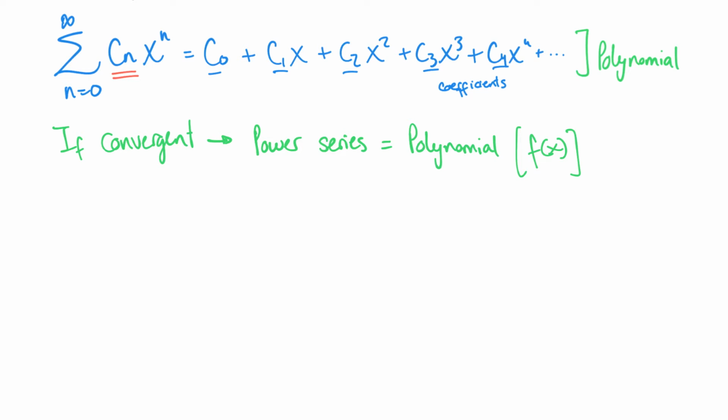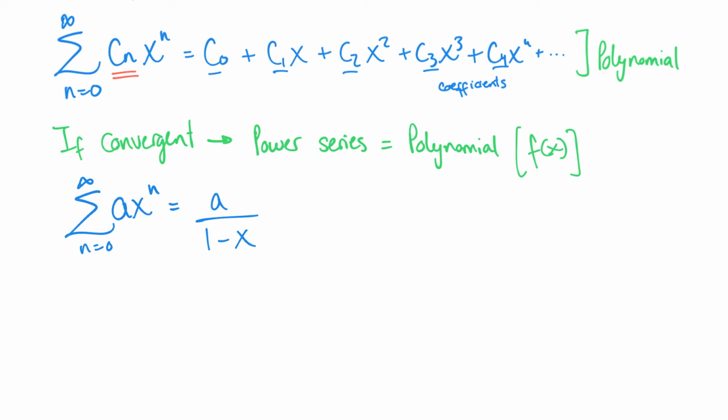Alright? So, if we go back to the example of the geometric series where we had the sum from n equals 0 to infinity of a x to the power of n, when we say that the series converges, it converges to this. But what is this?